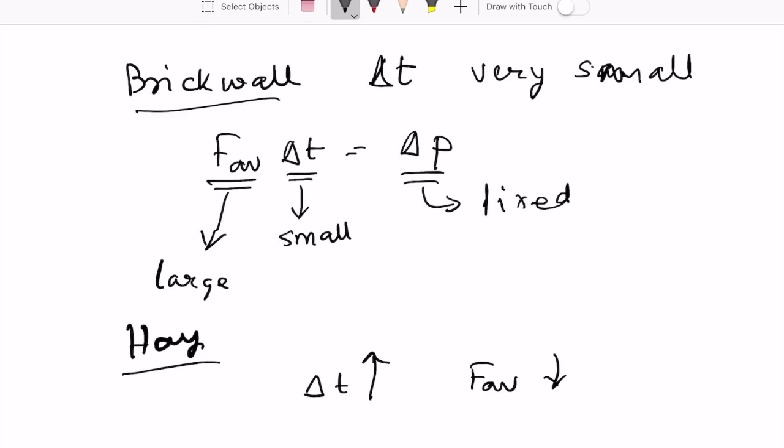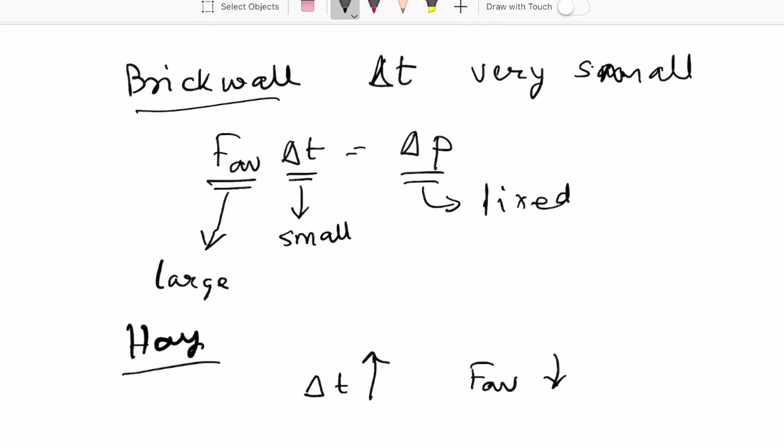The chain is not extensible at all. It's very strong and it's not extensible. And so the moment the chain is taut, it will bring you to a stop. And the delta t will be very small. F average would be very large because your delta p is fixed in that case, right? However, if you use a proper bungee cord, that is quite extensible.